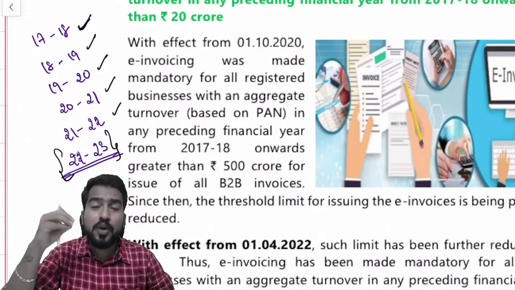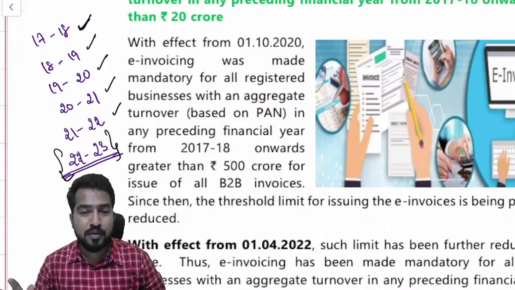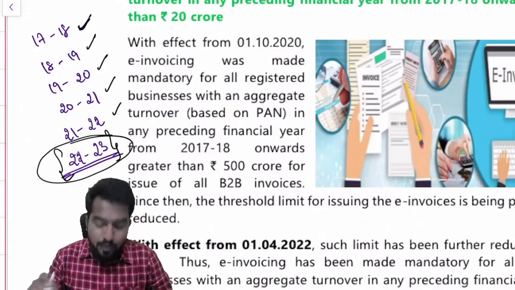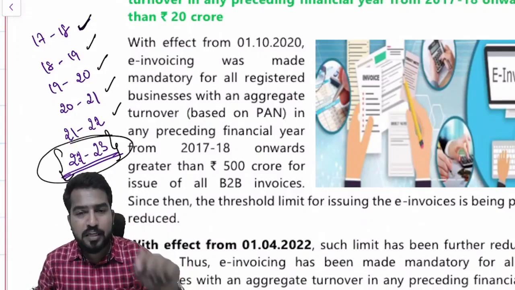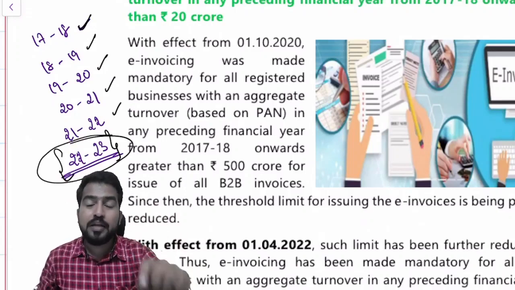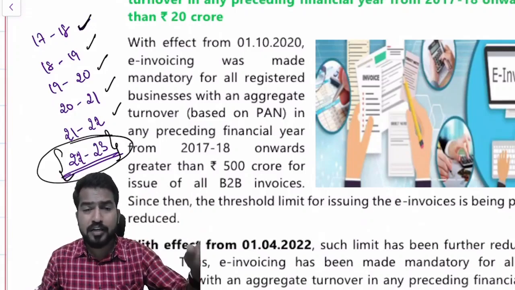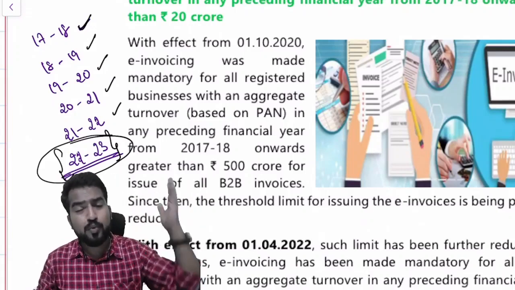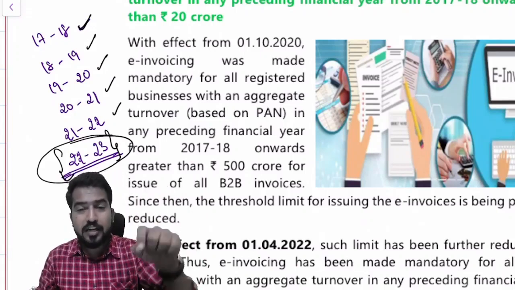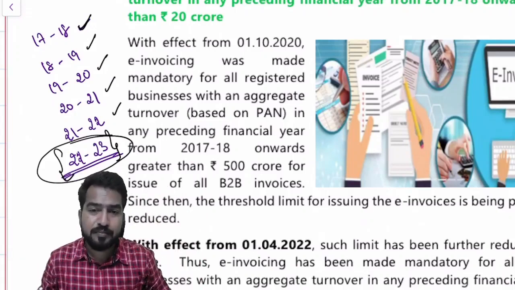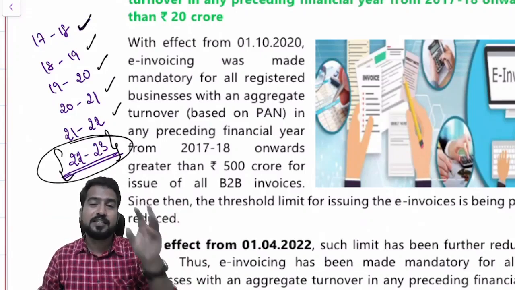But now, through an amendment, they have reduced that limit from 50 crores to 20 crores. So for financial year 22-23, e-invoicing provisions are applicable if in any one of the preceding financial years, 17-18 to 21-22, the aggregate turnover, that means on a pan-India basis, has exceeded 20 crores.